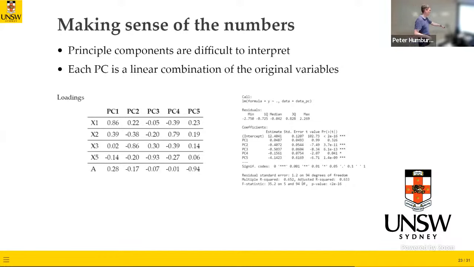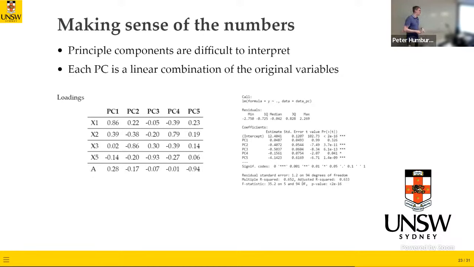I should have shown you this earlier, but yeah, these are the principal components in this example. And the advantage is you know what you're getting, right? You know that the predictors in your model are these linear combinations of your original variables.